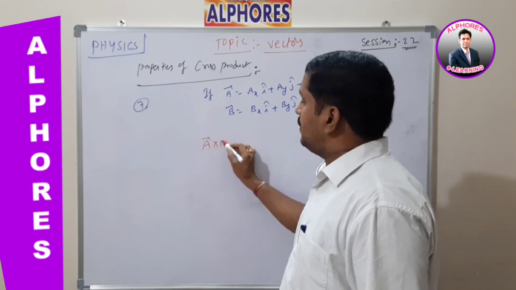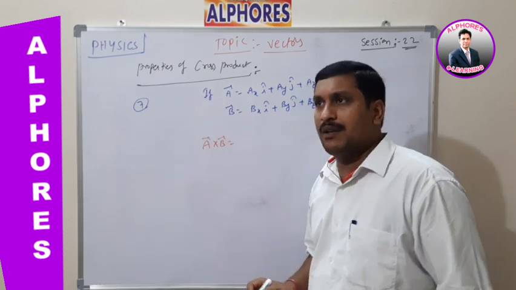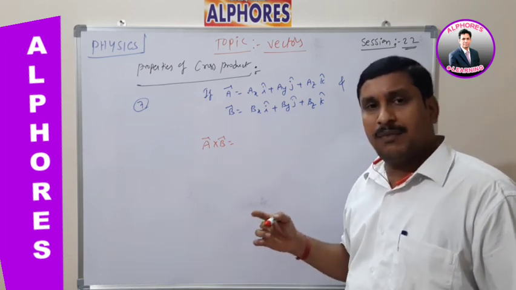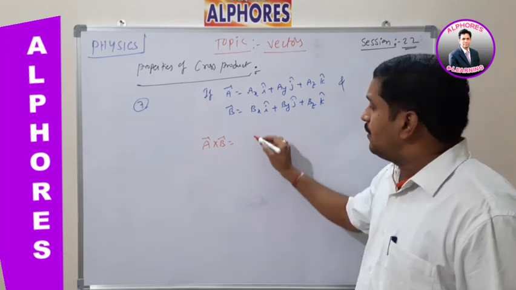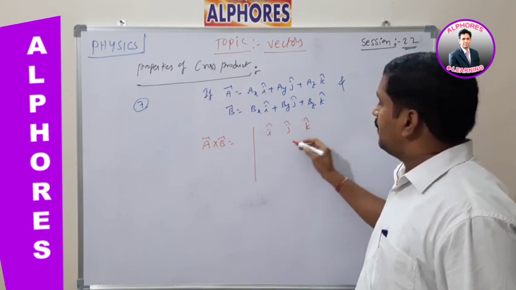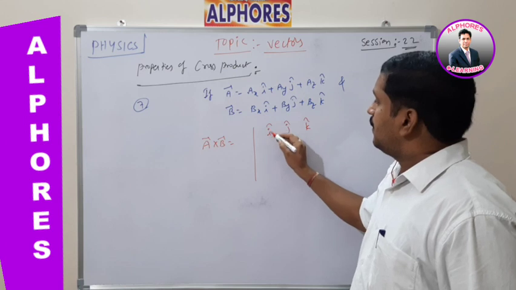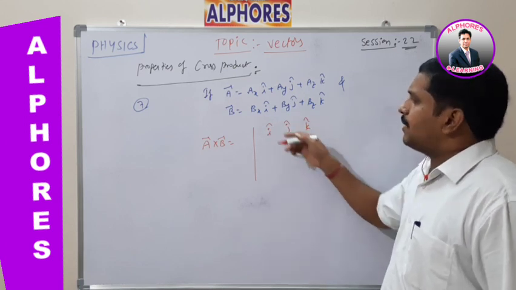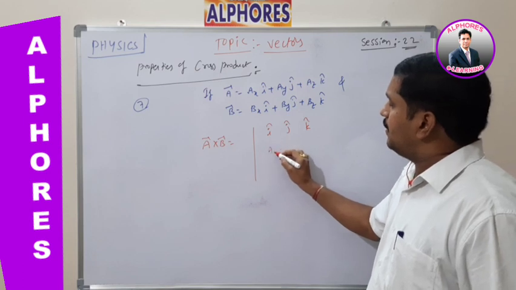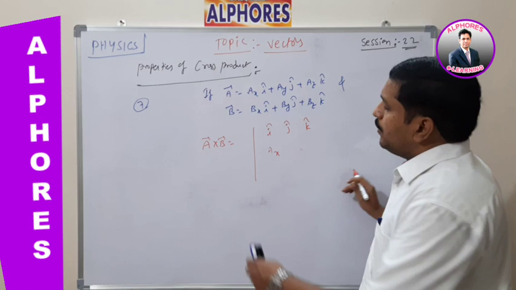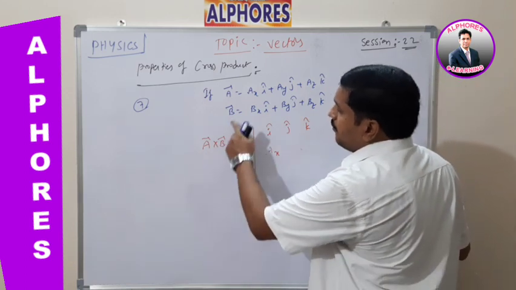Now listen carefully. What is the value of a bar cross b bar? Listen carefully, one method is there in order to solve this problem. I write i cap, j cap, k cap. In order to find a bar cross b bar, first I have to substitute the coefficients.